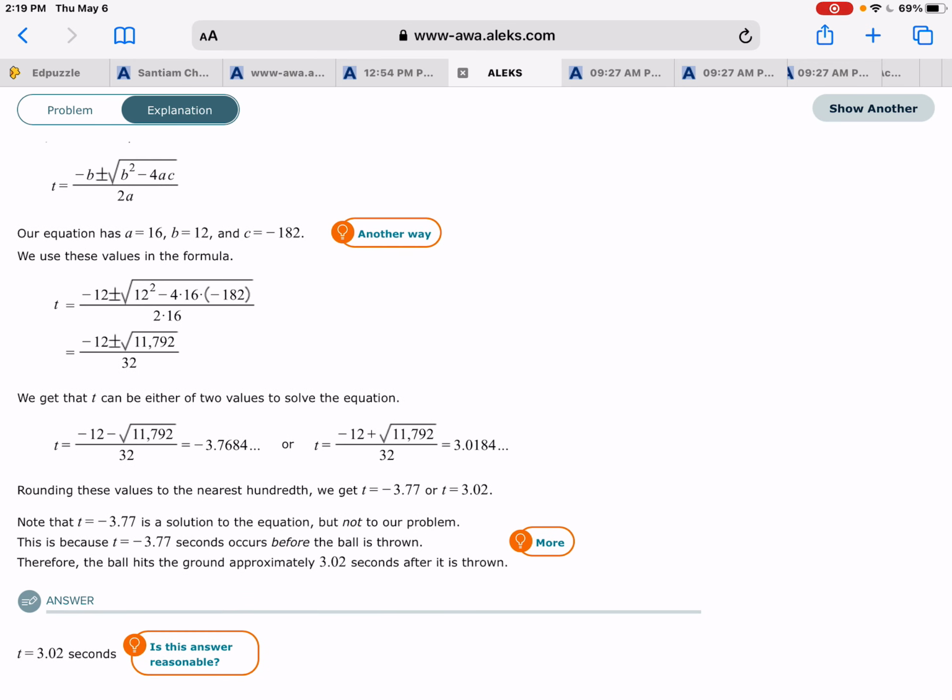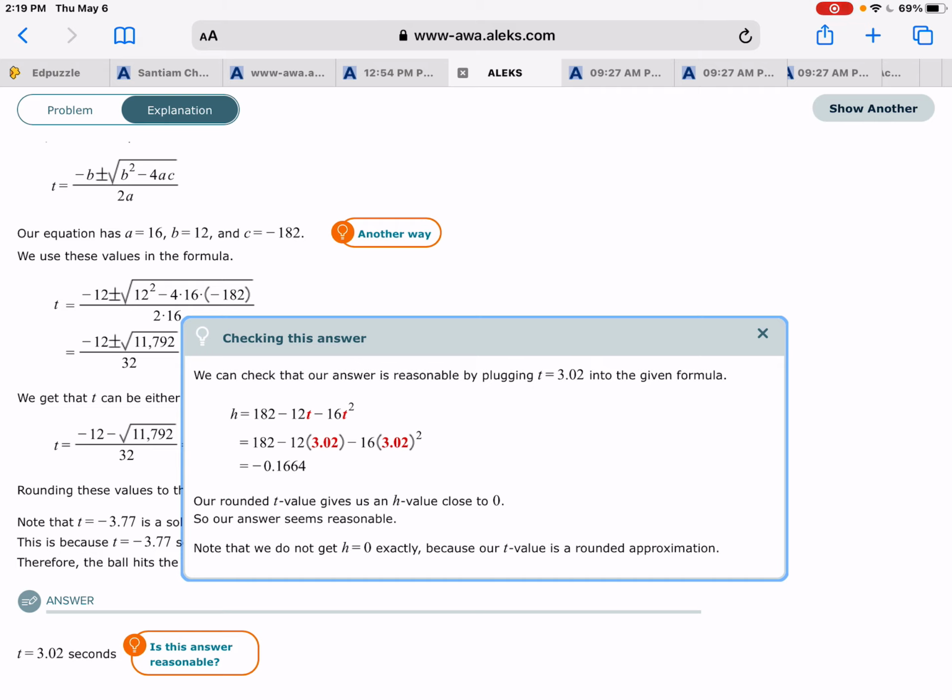They wanted us to round it to hundredths, so we're going to keep 3.02 seconds. We can ask, is that reasonable? Yes, it's reasonable because it's going to take about 3 seconds for that ball to fall and hit the ground, especially when we've given it a pretty good push and gravity is pulling it down really hard.